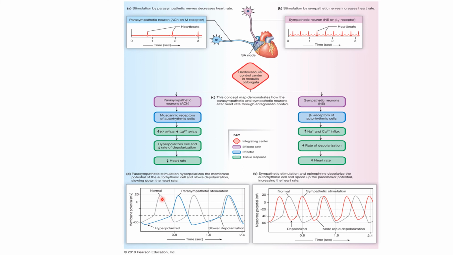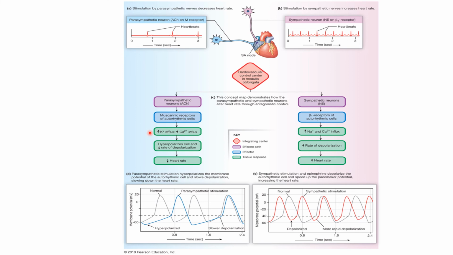And eventually we go through repolarization as the potassium rushes out of the cell. So this is the action potential taking place in your pacemaker cells. And so acetylcholine can actually affect the action potential taking place in your pacemaker cells. How does it do that?